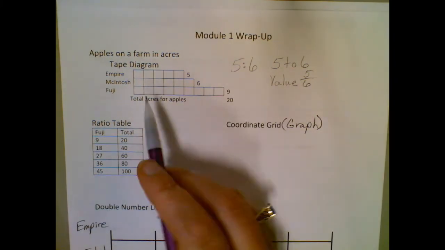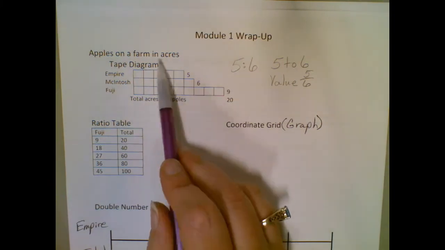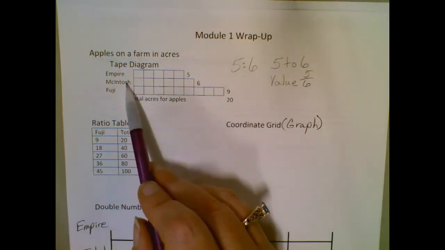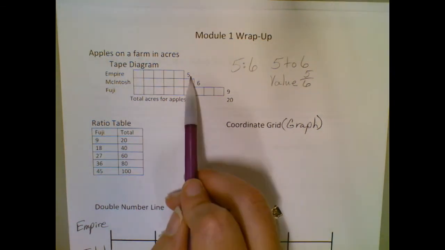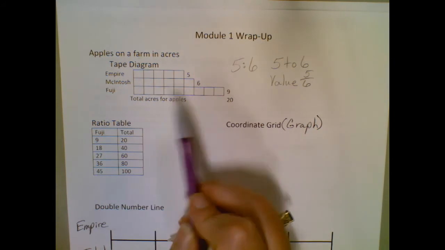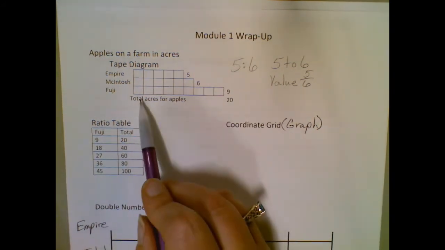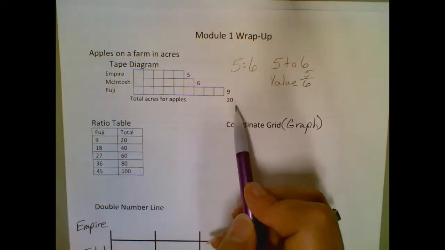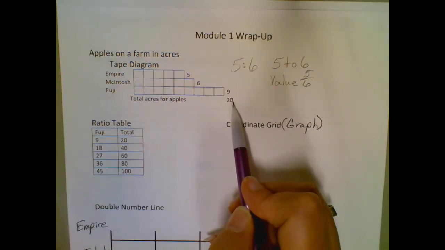So, using this information also on a tape diagram, the scenario is apples on a farm in acres. There are 5 acres of Empire, 6 acres of Macintosh apples, and 9 acres of Fuji apples for a total of 20 acres.